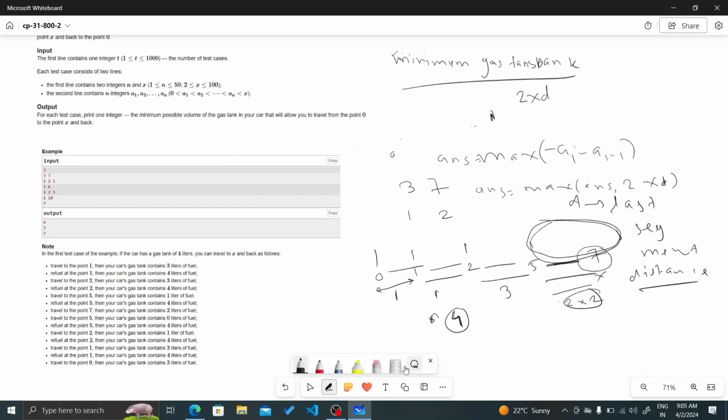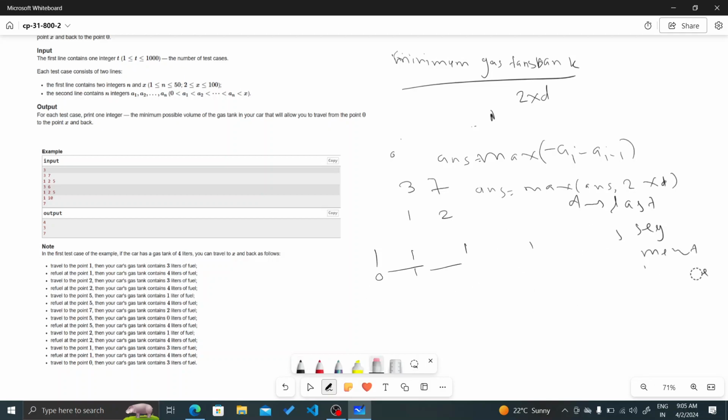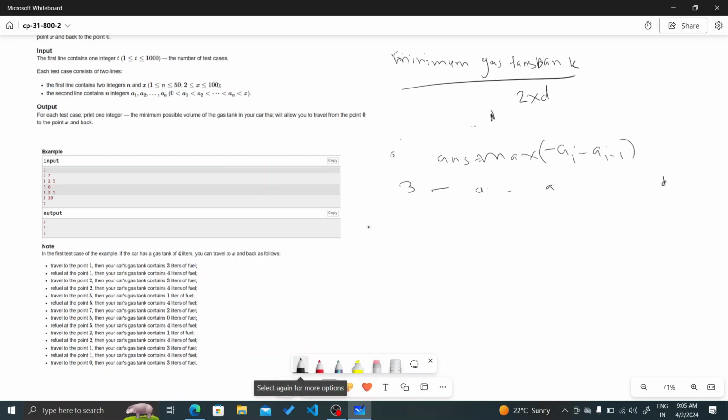So let's see how we are going to code this problem. Okay. So we will take a vector where we will put the 0 as our first position. Then we will put all the gas stations.